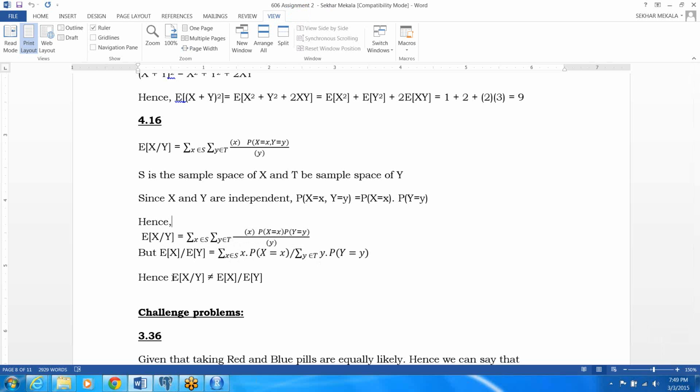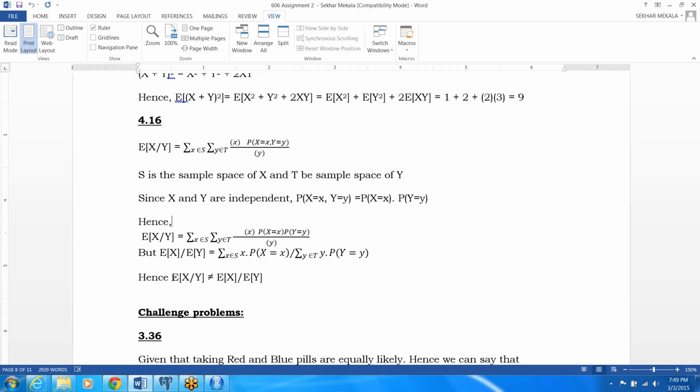If you say x is a random variable that can only take on the value 1, and y is a random variable that can only take on the value 2, then the expected value of x is always going to be 1, and the expected value of y is going to be 2. And x divided by y is just 1 divided by 2 every time.